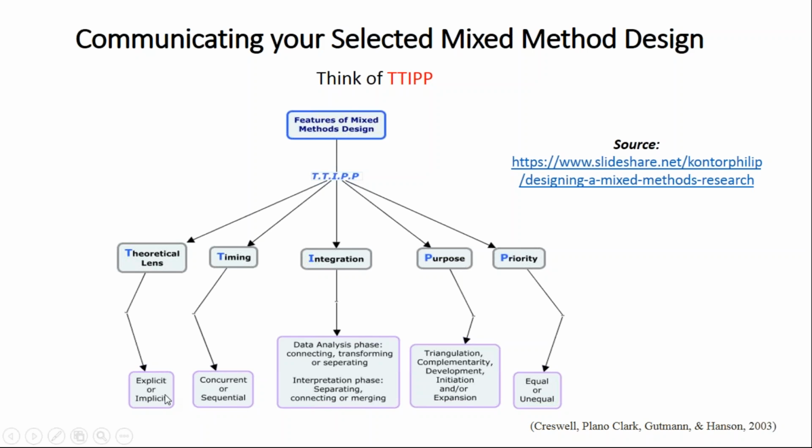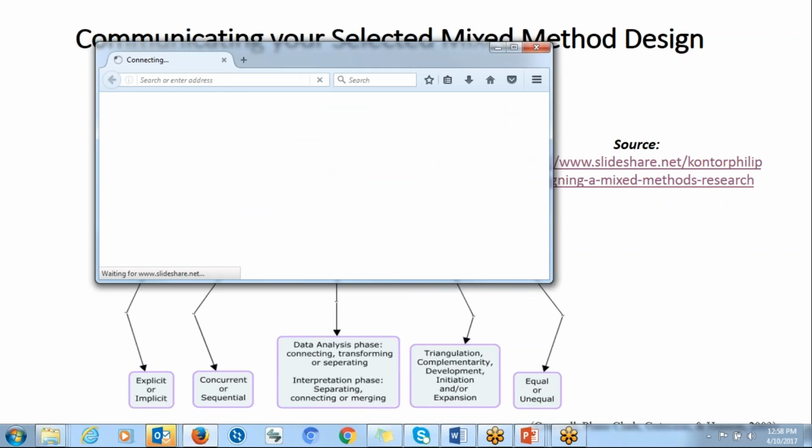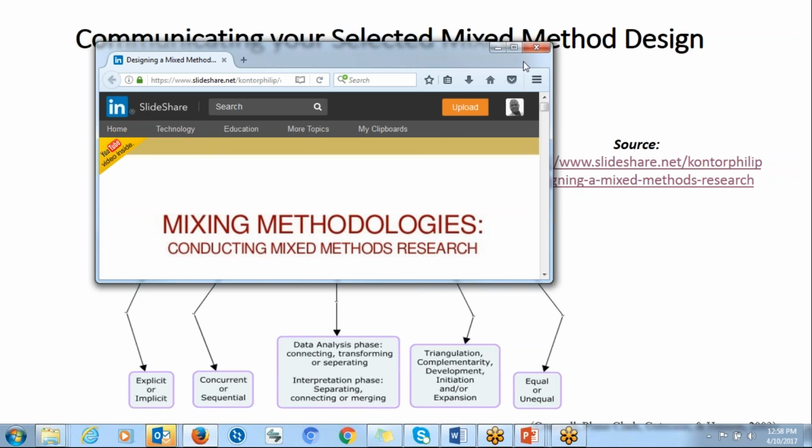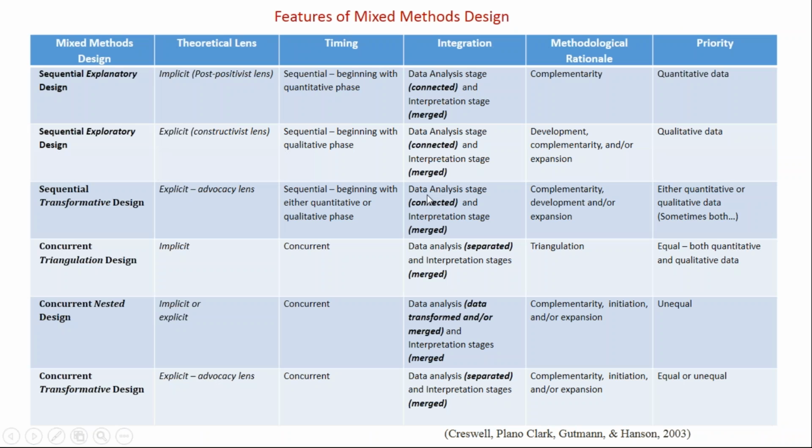And as you can see here, there are different types under that. You'll learn more by clicking on this one to take you to the PowerPoint that talks about all the mixed method designs and characteristics. So this is what I have for you. This is just a table to talk about the characteristics, especially when you choose a specific design, you can see what is required and how you want to communicate that information.